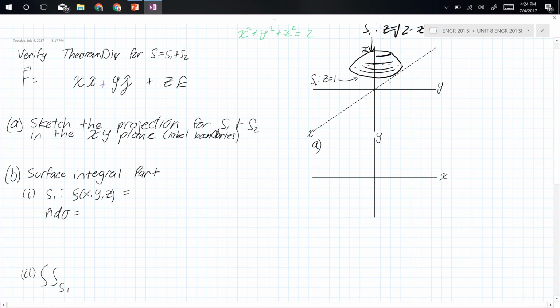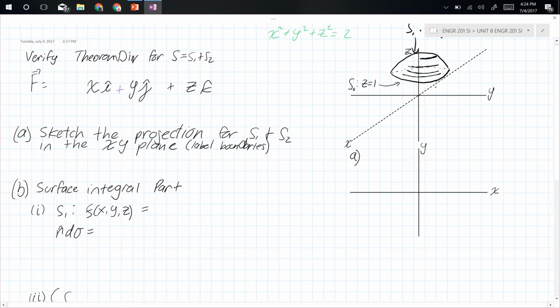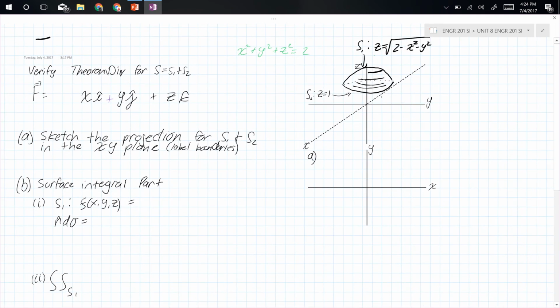So let's get right into it, to project onto the yx plane. Since we know that this is a sphere, we want to look at where S2 and S1 intersect, which is this circle right here where z equals 1. If z equals 1, we'll do the work down here, then you have 1 equal to the square root of 2 minus x squared minus y squared, which implies x squared plus y squared equals 1, which implies r equals 1.